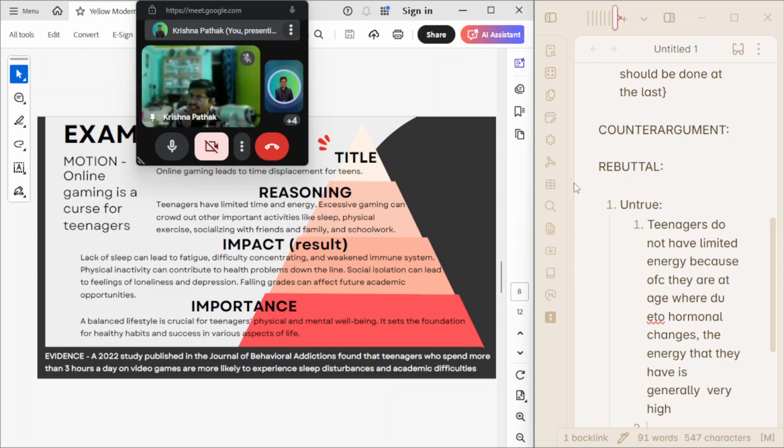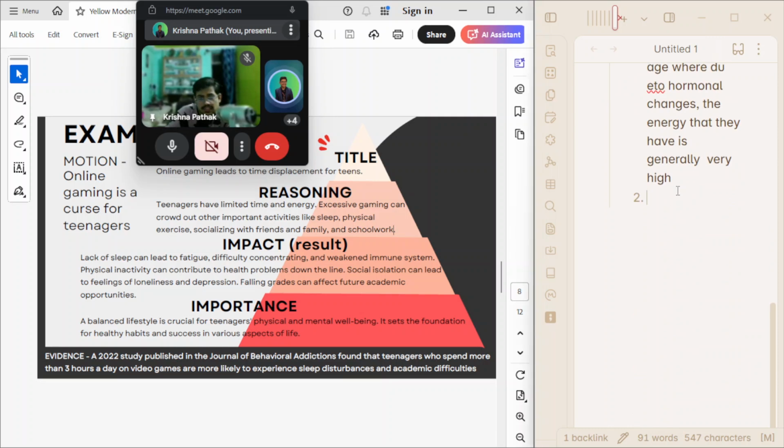Not everybody accepts it. So let's come to the next line. Excessive gaming can crowd out other important activities like sleep, physical exercise, socializing with friends and family, and schoolwork.